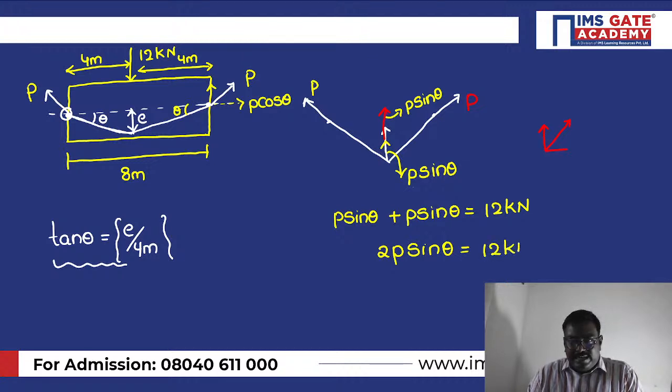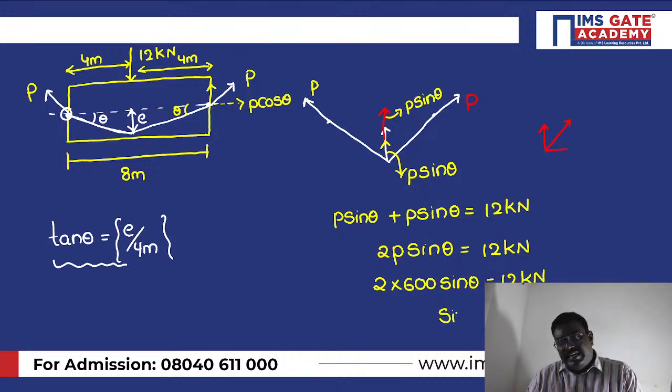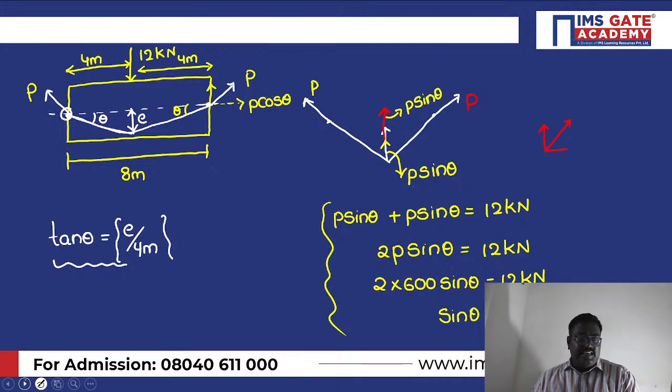They have given the pre-stressing force as 600 kilonewton. So 2 into 600 into sin theta is equal to 12. When I solve this, sin theta will be 0.01.